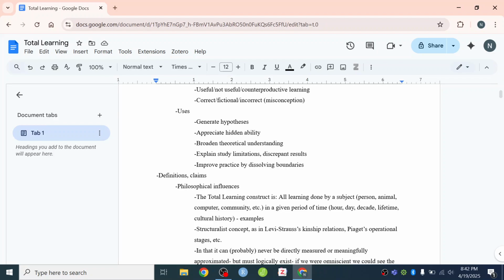Famously, the structuralist thinkers that I'm the most familiar with as an educational psychologist are Jean Piaget and Levi-Strauss. These are the structuralist thinkers that I'm most familiar with, and indeed it was their ideas that helped me to think about this concept.